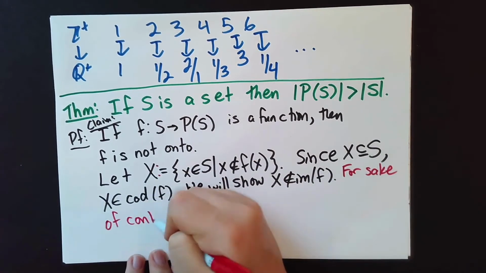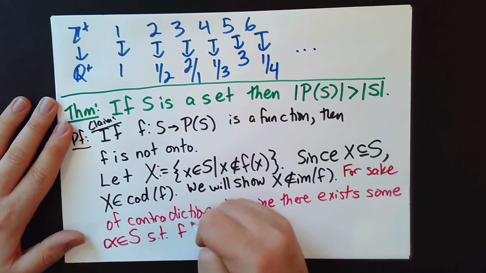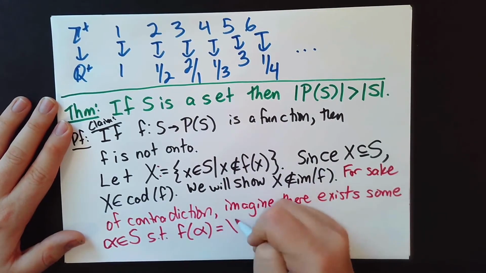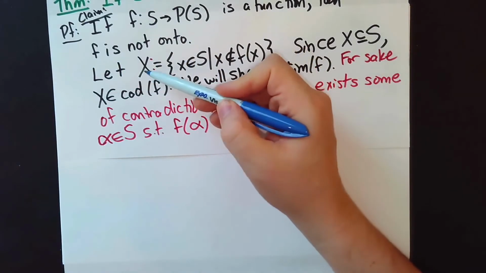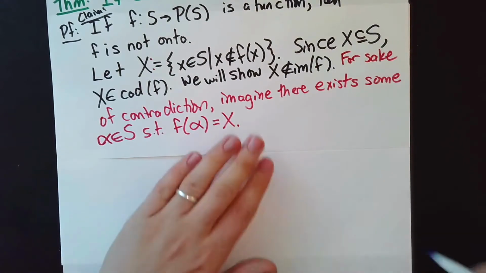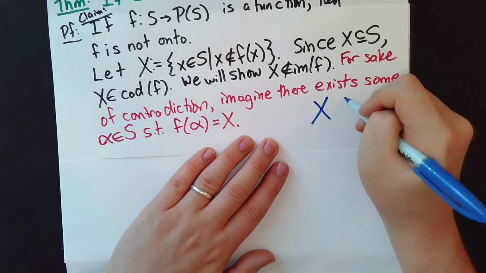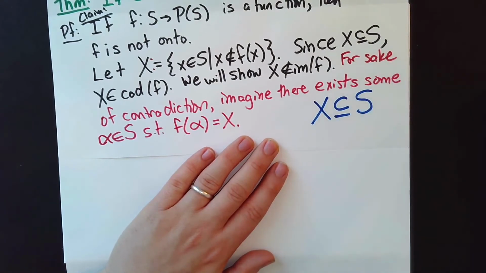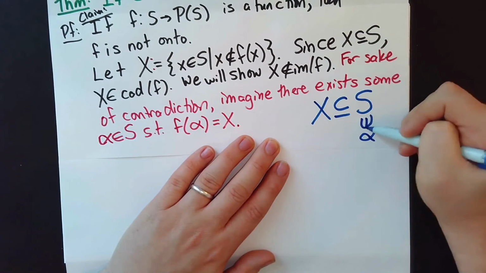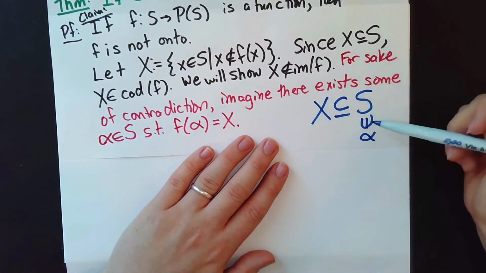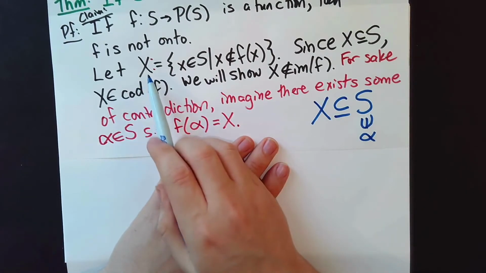So I'm going to imagine that there's some alpha in S such that f of alpha actually is equal to X. Now, remember here, just so that we keep this straight, I have X, a subset I have defined of S, and then I have alpha, a particular element of S, in the hypothetical universe where some element alpha maps to X.